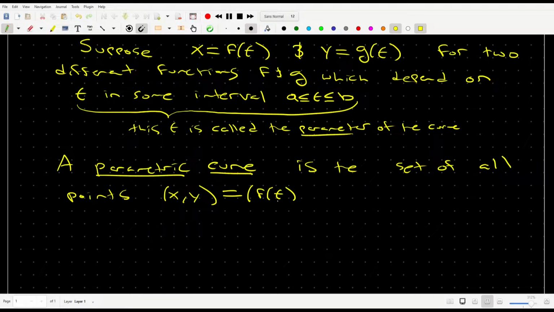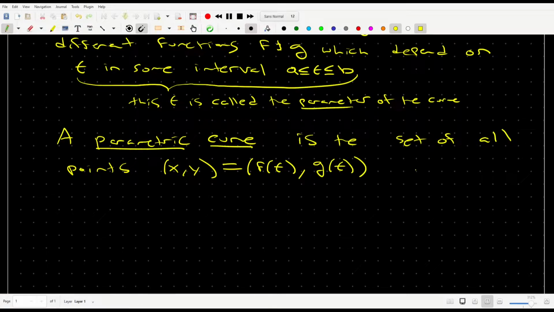So the x coordinate of the point is f of t, and the y coordinate of the point is g of t. And if we think of t as being in the interval from a to b, this forms a curve in 2D.